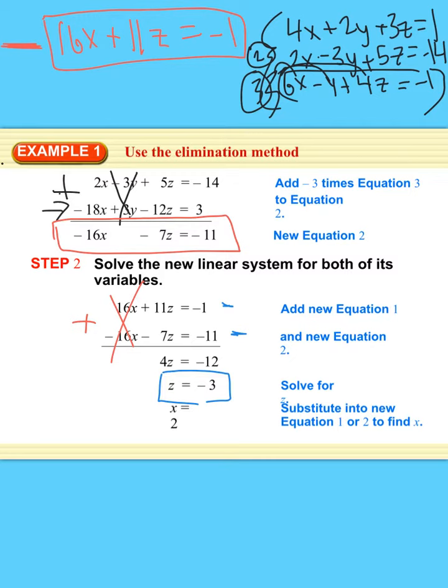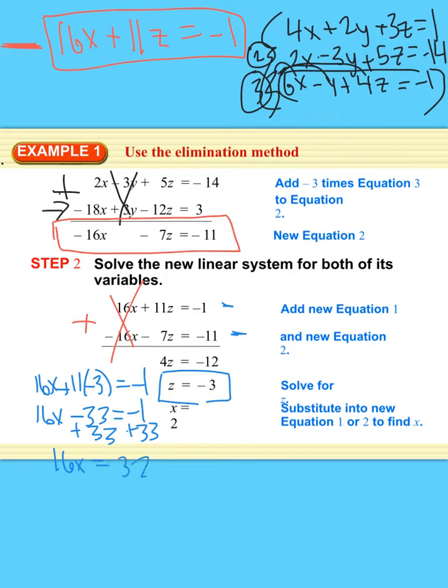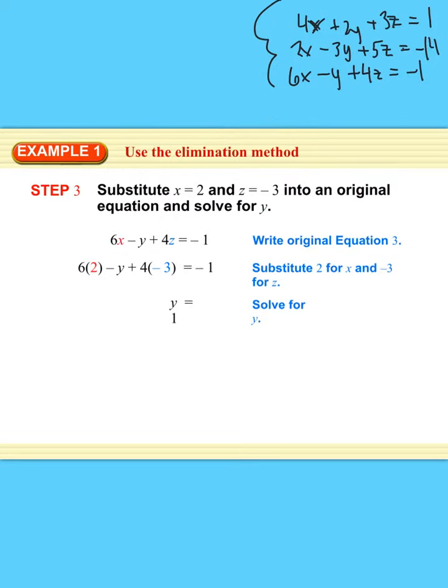I'm going to plug it into my first new equation, so 16x plus 11 times negative 3 equals negative 1. So solving for x, x equals 2.